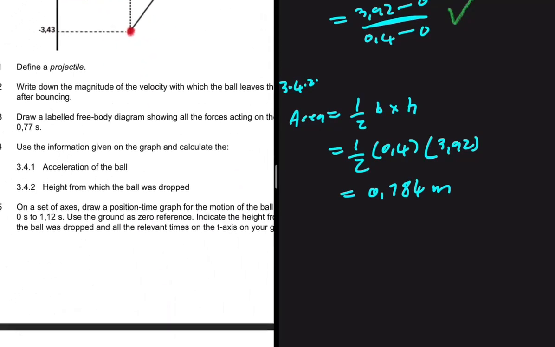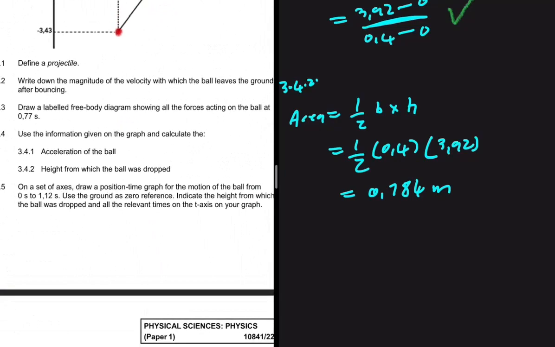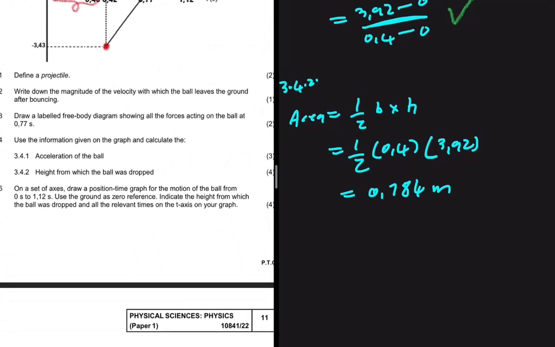The next question, 3.5. On the same set of axes, draw a position time graph for the motion of the ball from 0 seconds to 1.12 seconds. Use the ground as zero reference, indicate the height from which the ball was dropped, and all the relevant times on the t-axis of your graph.